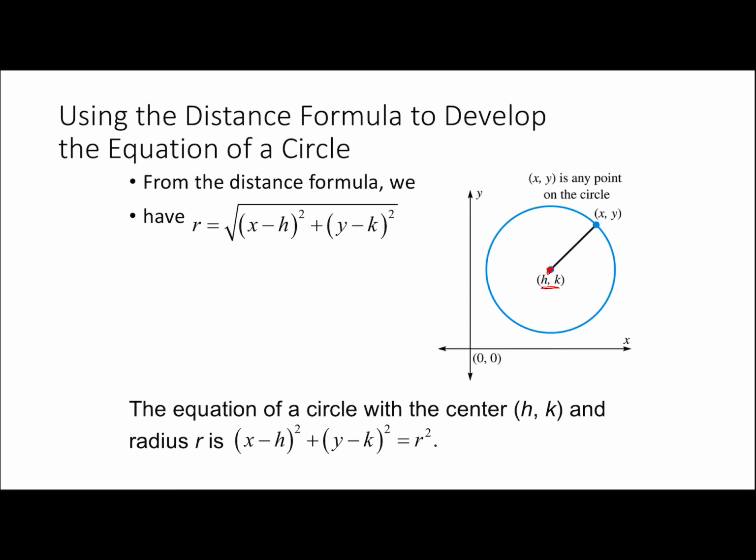And again, this is our x and y, right? So this x coordinate minus h and the y coordinate minus k squared. Again, just think about if you're doing the Pythagorean theorem, that's what we're using to be able to find this formula.